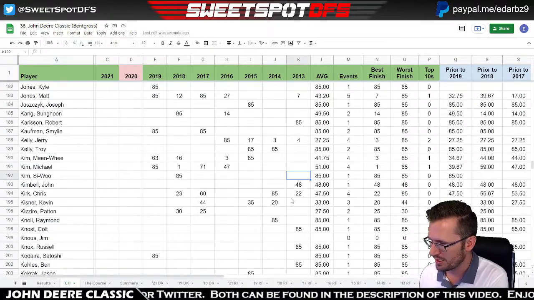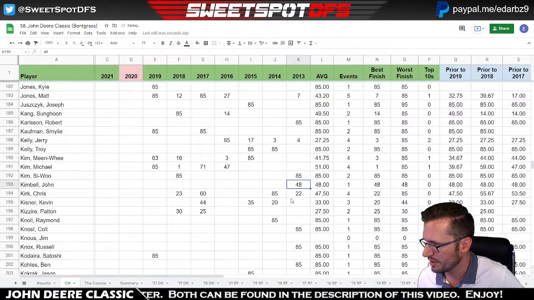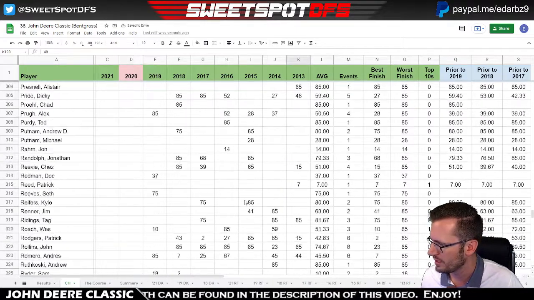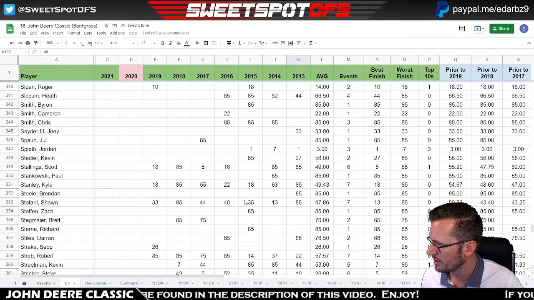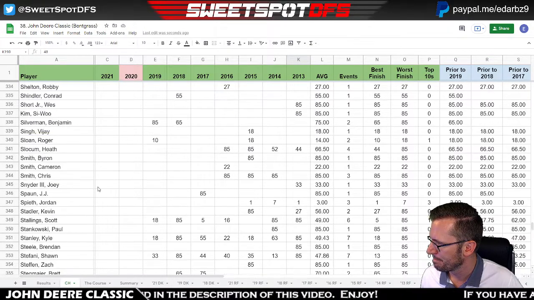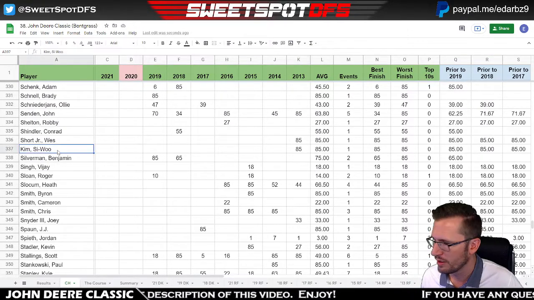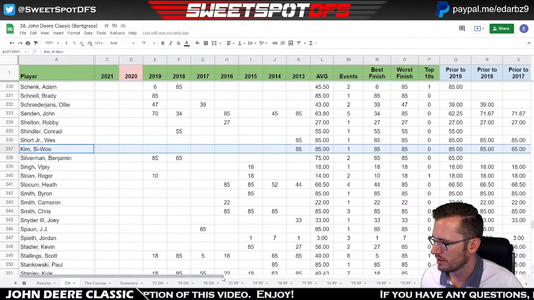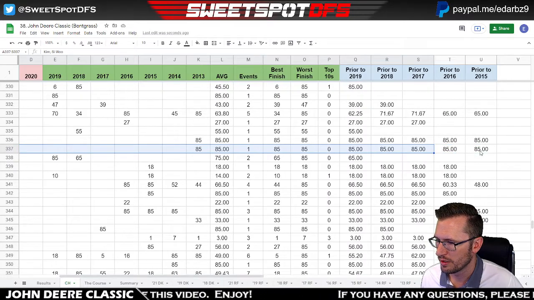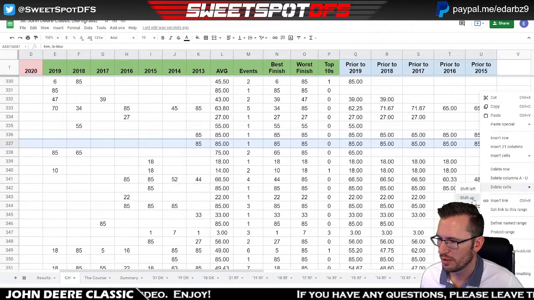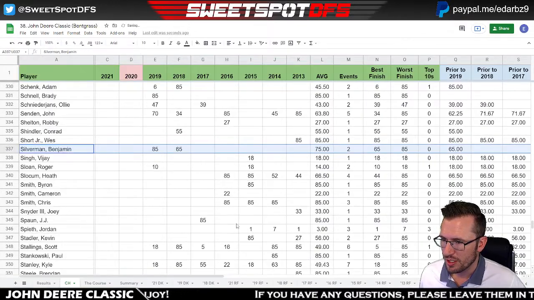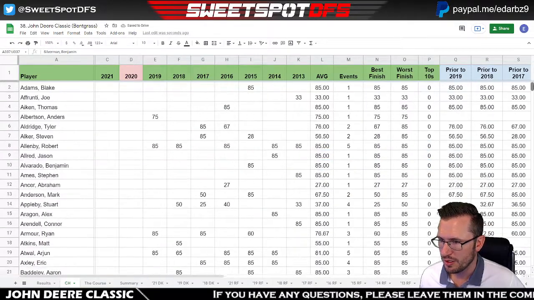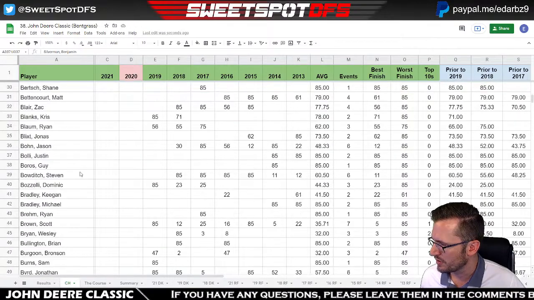Siwoo Kim has actually missed the cut twice at this tournament. Let me go ahead and remove him down here. Yeah, be very particular on spreadsheets, otherwise you will screw things up. So let's see if Cabrera is here.